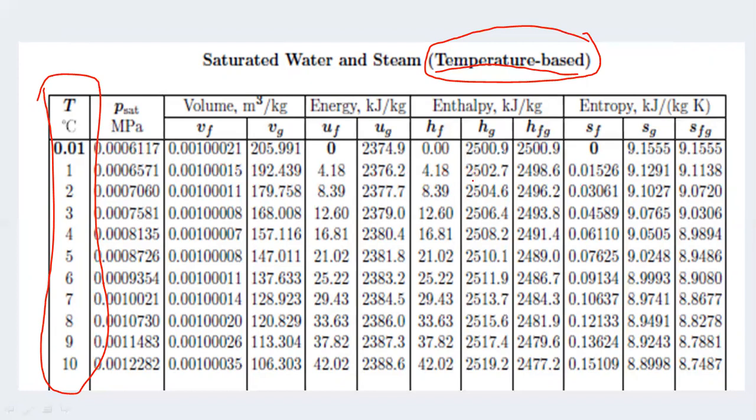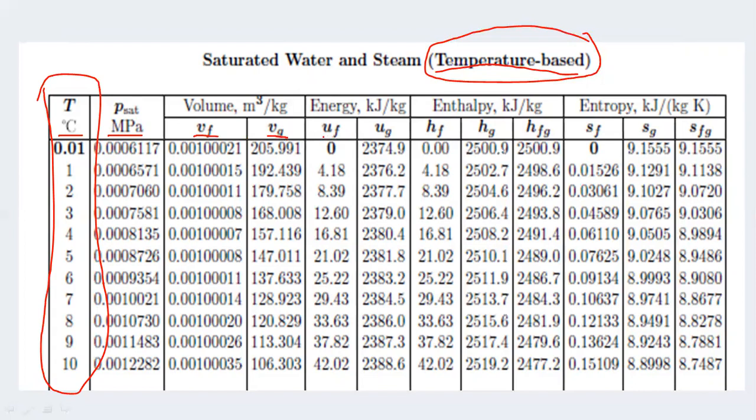Now, before we go for a further discussion, if you observe carefully, the symbol T is for temperature, written in degrees Celsius. The next is PSAT. PSAT means saturation pressure. Its unit is written here, megapascals. Similarly, specific volume: VF means specific volume in the fluid phase, VG is specific volume in the vapor phase, that is the dry vapor.